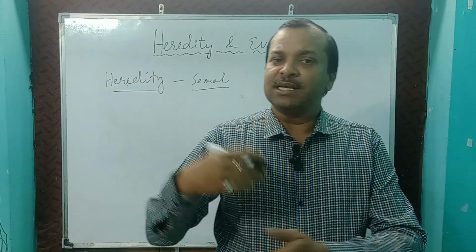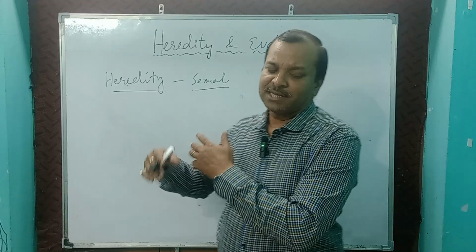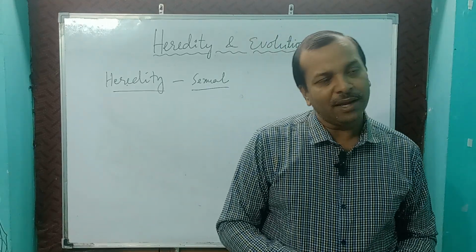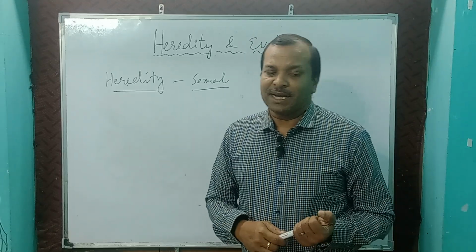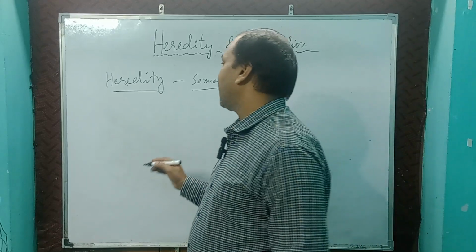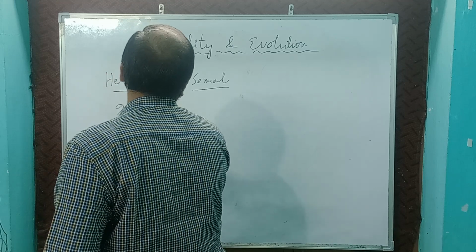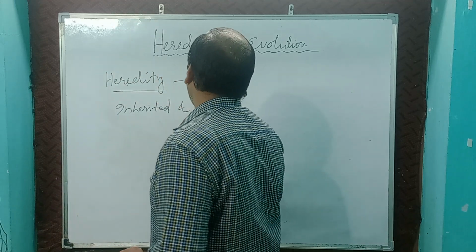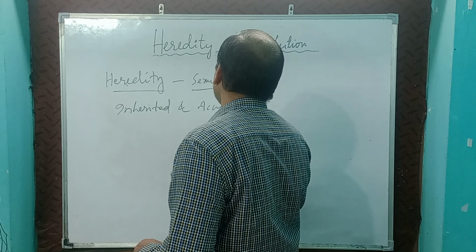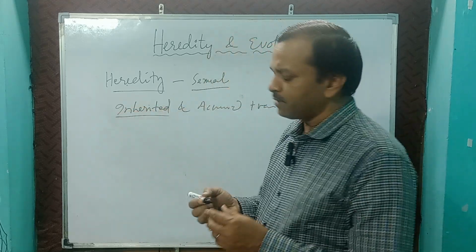Generation to generation it is changing, and slowly it is passing from one generation to another. There are two types of traits: inherited traits and acquired traits.